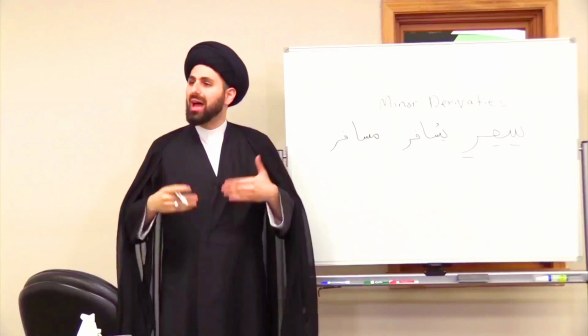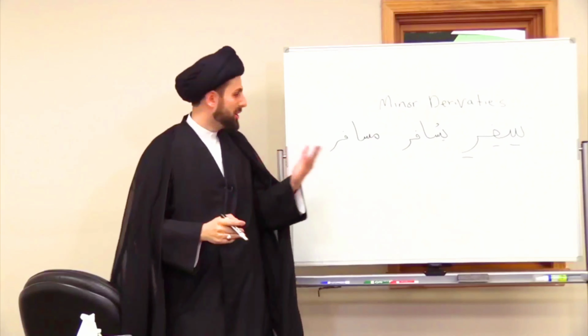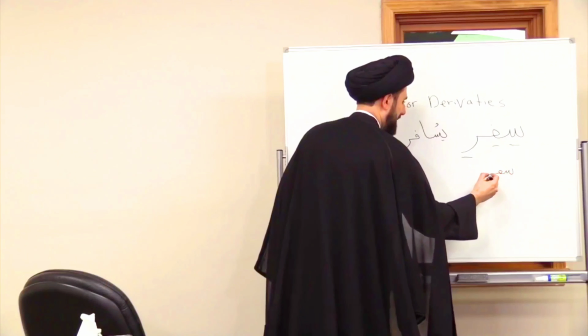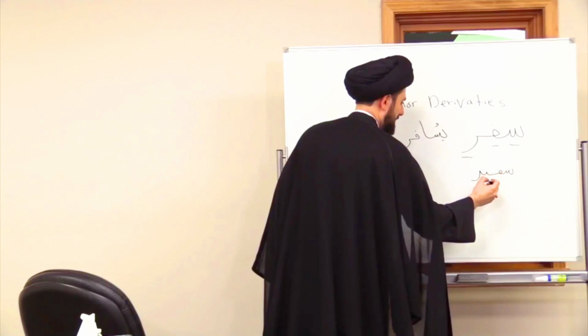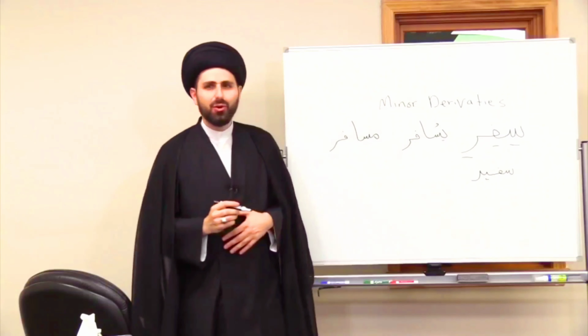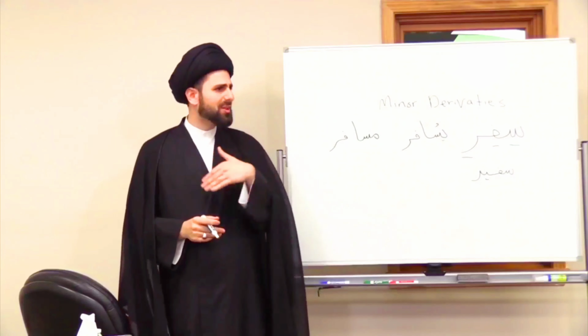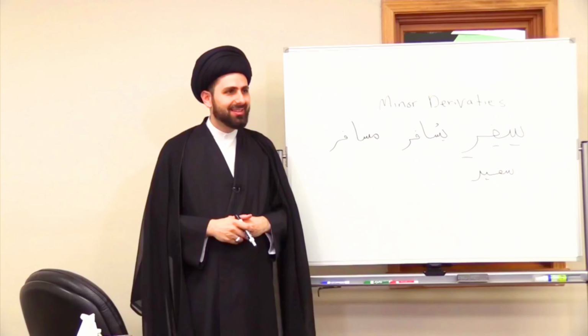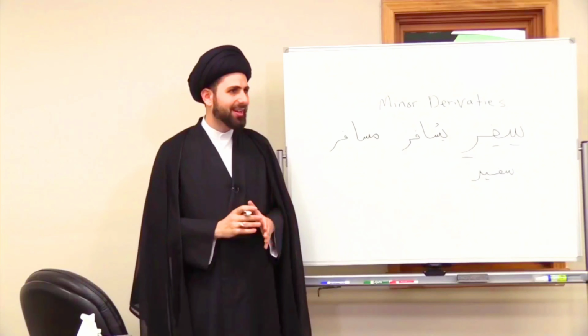Musafir is who? A traveler. You have now another word that is safir. Have you heard what the word safir is? Ambassador. What does an ambassador have to do with traveling? There's some connection there, right?